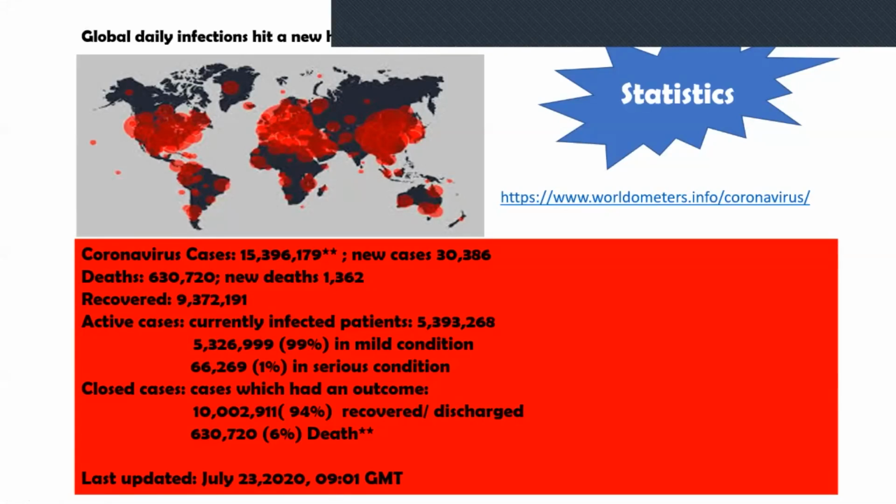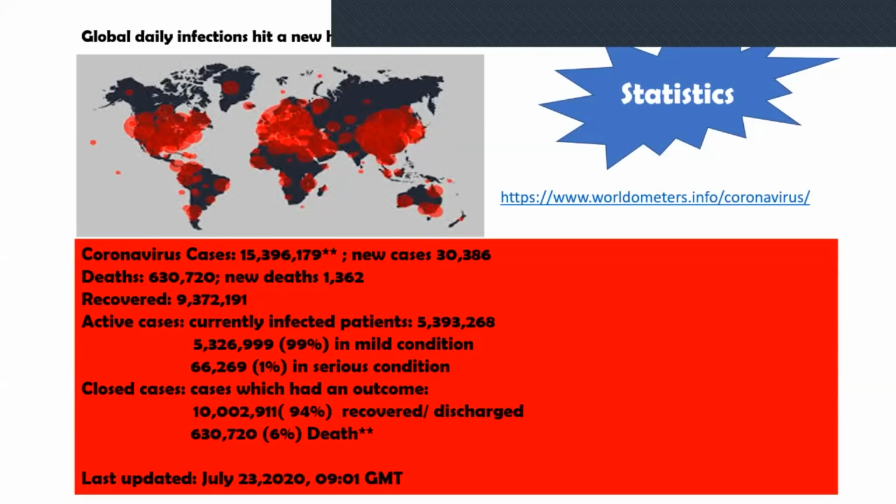Right now, our world has been attacked by the coronavirus. Right now there are more than 15 million persons infected, and each day there are new cases of around 30,000 persons.